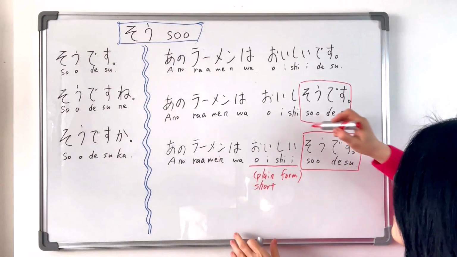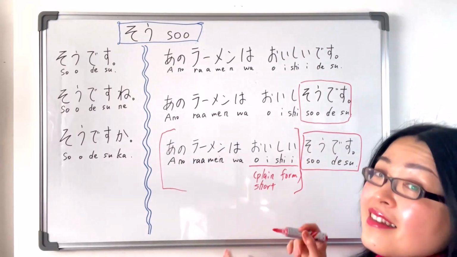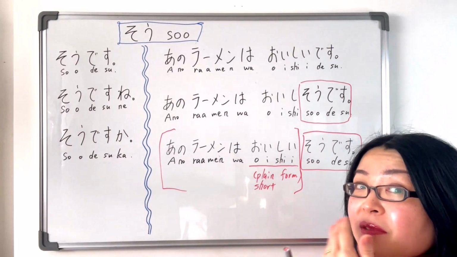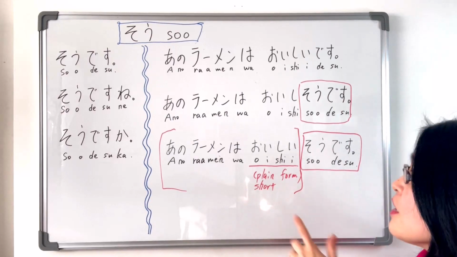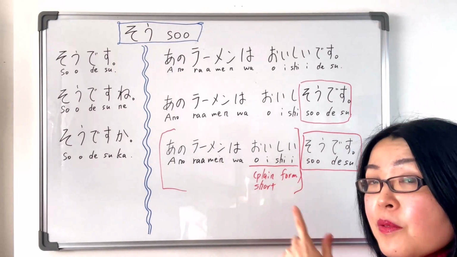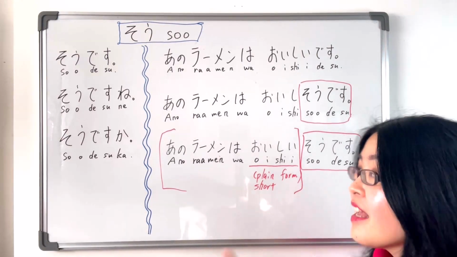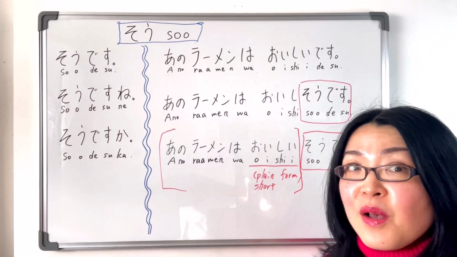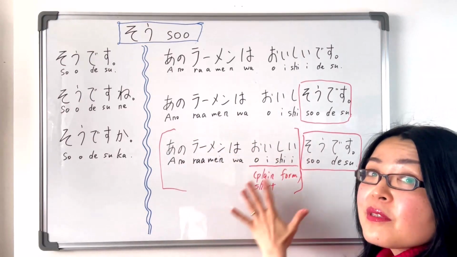And this part is a sub-sentence. I've heard that ramen was delicious. So you can change, for example, if you use an adjective, 田中さん is healthy, 田中さんは元気です. You change it to 田中さんは元気だそうです, because this part is a sub-sentence part.